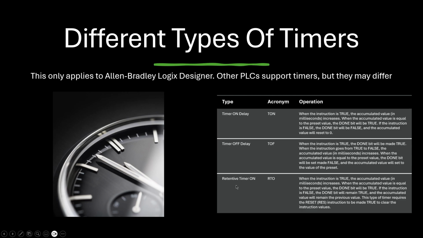But whenever you're dealing with a retentive timer, the accumulated value will be frozen at the value it was when the instruction became false. And then when you re-energize the timer, it will count from where it was to continue counting up until either the preset is reached or you activate a reset instruction.